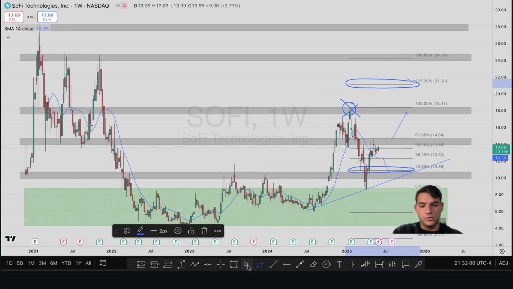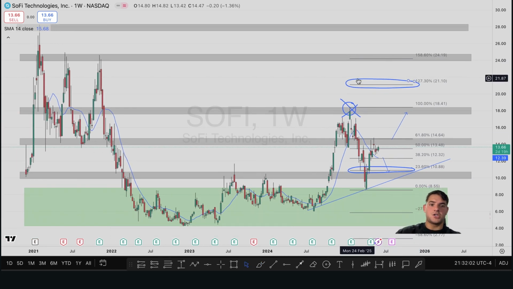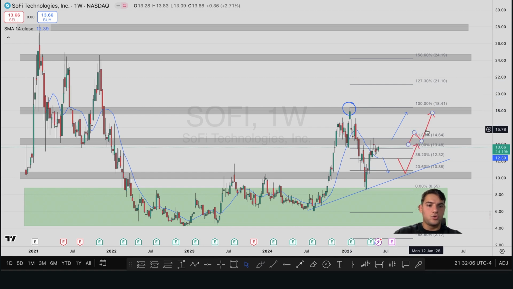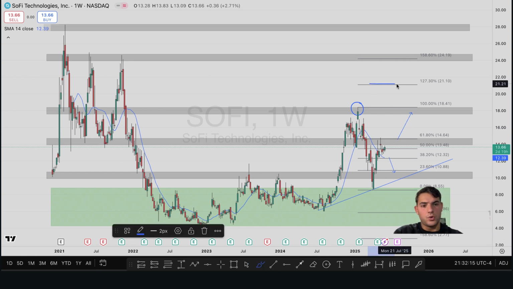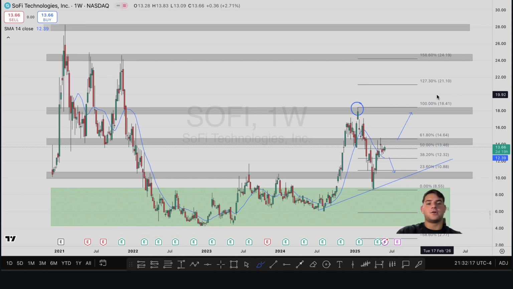This is pretty much how I plan it out, how I analyze, and how I create a strategy to enter or exit the market. It's not that I'm going to exit at 21, but it's just a price target that I have to keep in mind while waiting months or even 1-2 years for the stock to go.